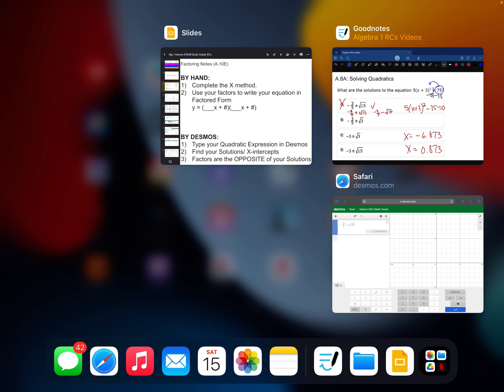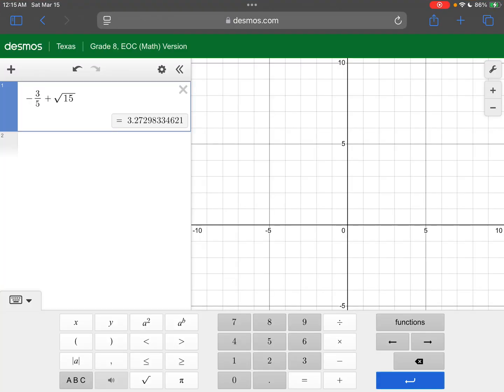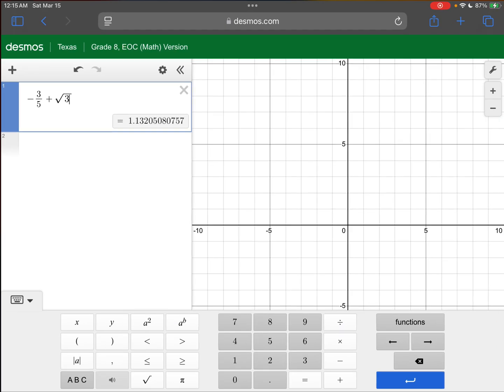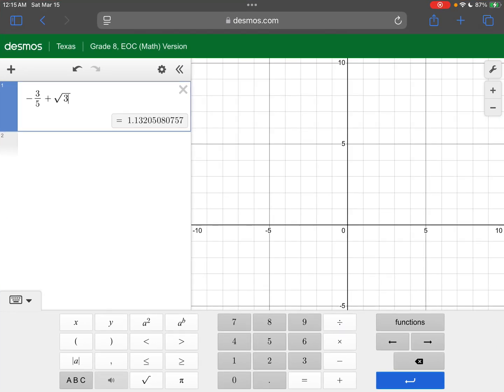The next one is negative 3 over 5 square root of 3. Nope, it did not give me one or the other. I'm going to go ahead and cross this one out. The next one is -3 plus or minus square root of 8, square root of 3. All right. Nope. Did not give it to me. Still didn't give it to me.